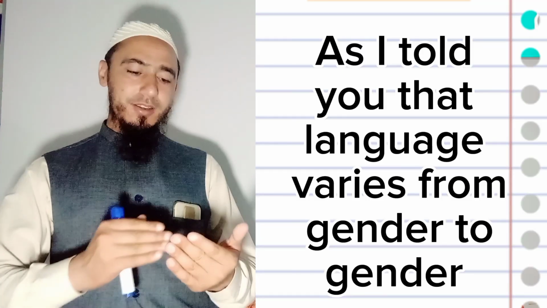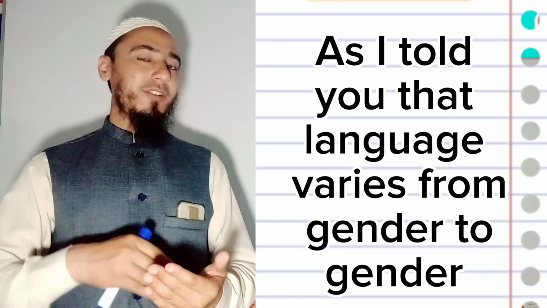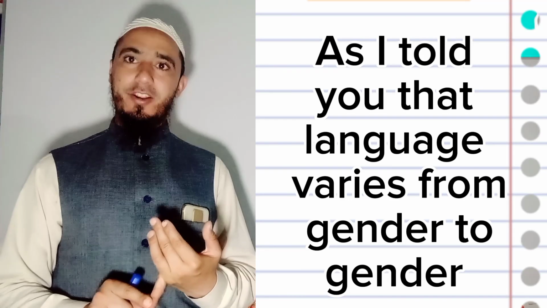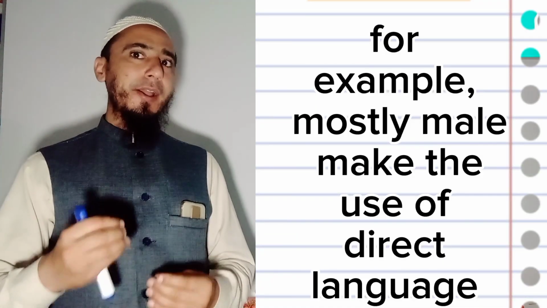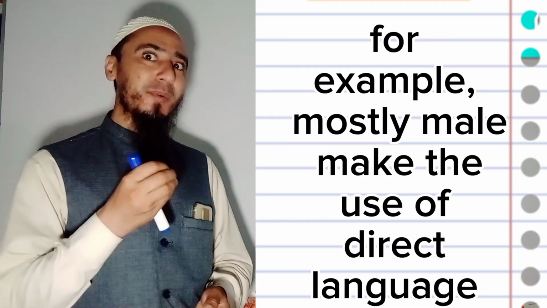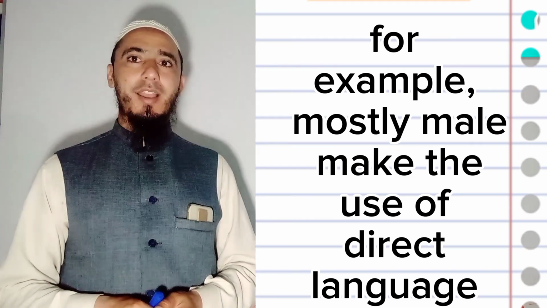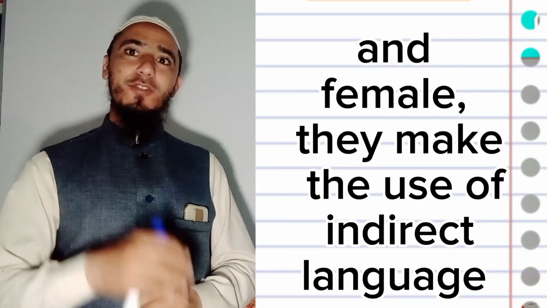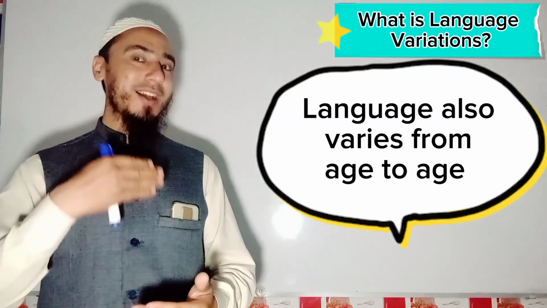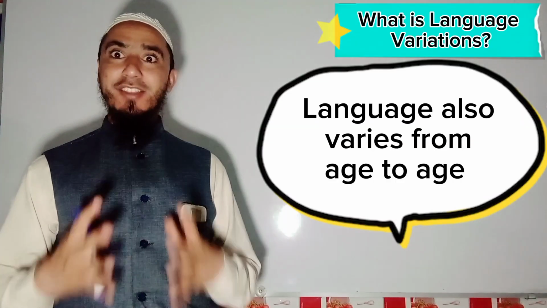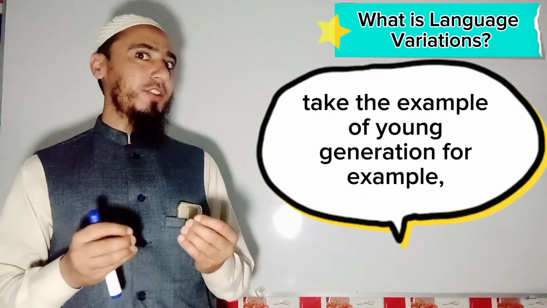As I told you, language varies from gender to gender. For example, mostly a male makes use of direct language, and a female makes use of indirect language. Language also varies from age to age. Take the example of the young generation.